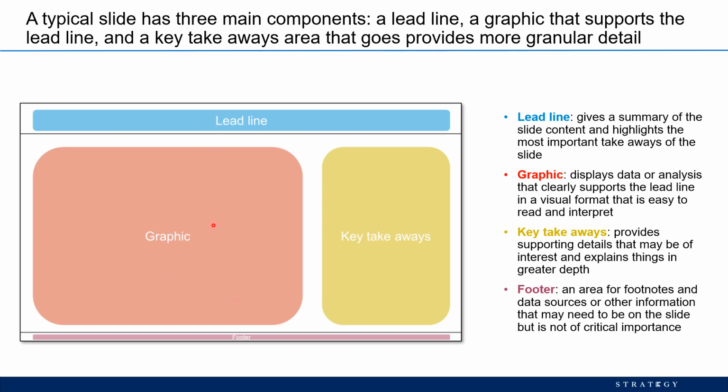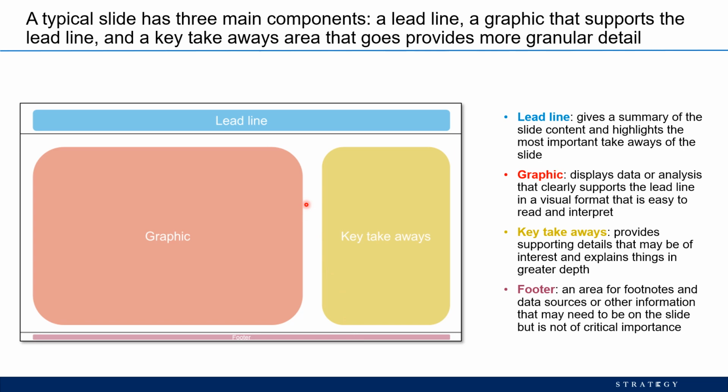The graphic's purpose is at quick glance to represent or demonstrate what the lead line is trying to say. And then a key takeaway section for more detail to be provided on either the graphic or the information that the lead line has. In addition, you'll usually also have a footer at the bottom of the slide.